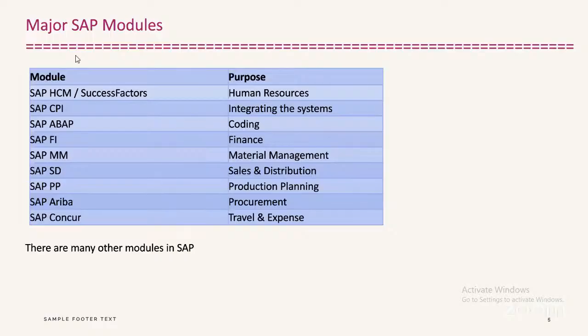If we go through SAP modules, we have many modules in SAP, I would say more than 60. These are the modules which are very commonly used in any organization, like HCM or SuccessFactors. Nowadays people call this module SuccessFactors; before, we called it HCM, Human Capital Management. The main purpose of SuccessFactors is to maintain the entire employee historic data and the master data of the employee.